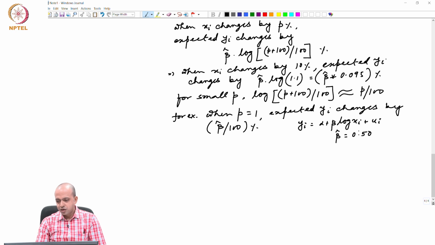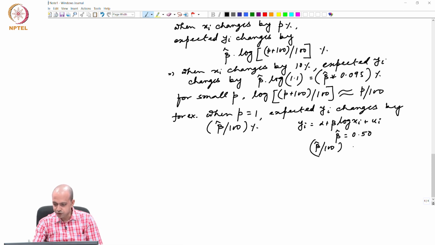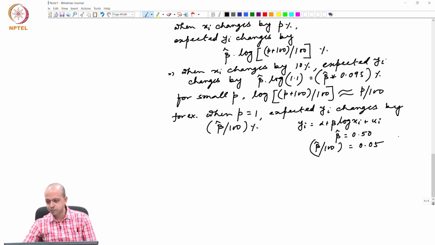What is the interpretation? For a 1% change in x, the expected value of yi will change by beta hat divided by 100, so this would become 0.005 units. Sorry, this is not percentage, this is units.